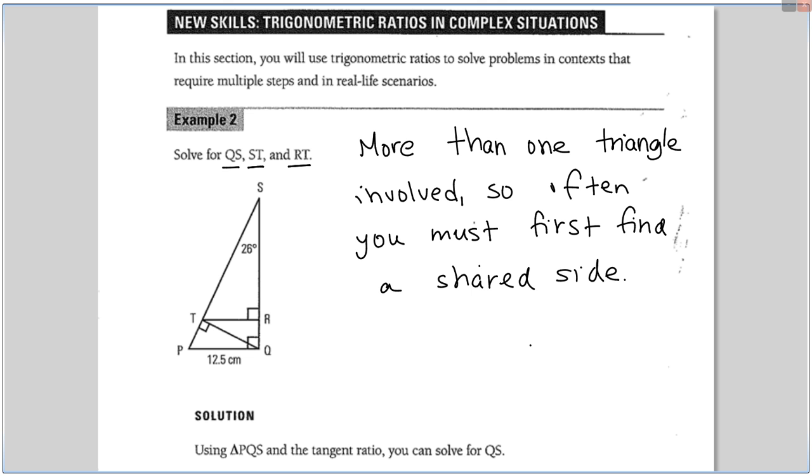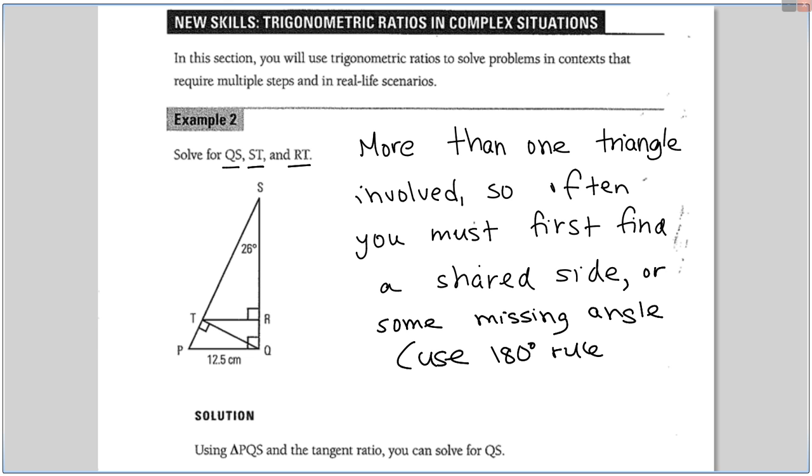So it says more than one triangle involved, so often you must find a shared side or some missing angle. And you just use the 180 rule.